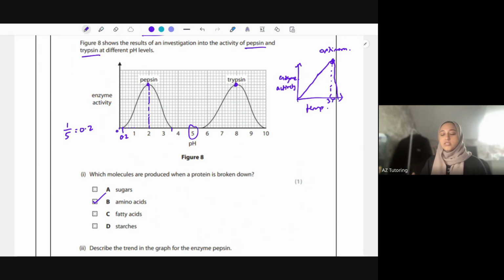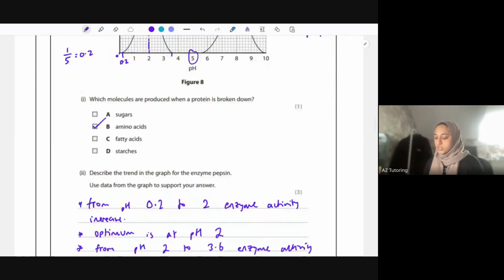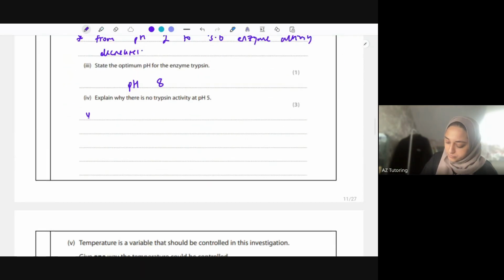Trypsin does not work in acidic conditions. It's working in more alkaline conditions. So you would say pH 5 is too acidic for trypsin. And then you need to explain, because the question says explain why is that an issue for trypsin.